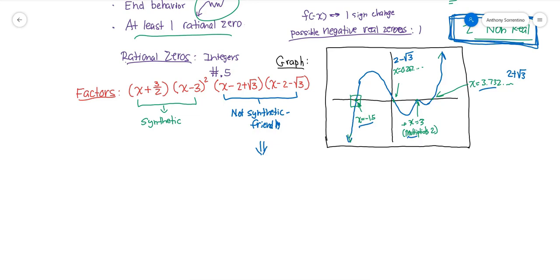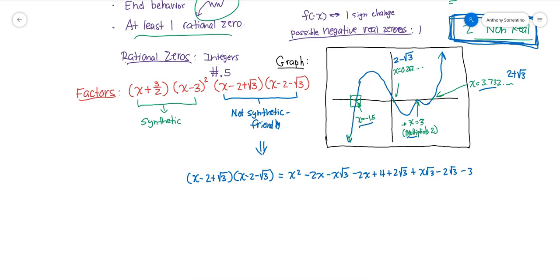is multiply them together. So if I take x minus 2 plus the square root of 3 and x minus 2 minus the square root of 3, and I multiply those through, I'm going to have x squared minus 2x minus x square root 3 minus 2x plus 4 plus 2 square root 3 plus x square root 3 minus 2 square root 3 minus 3.